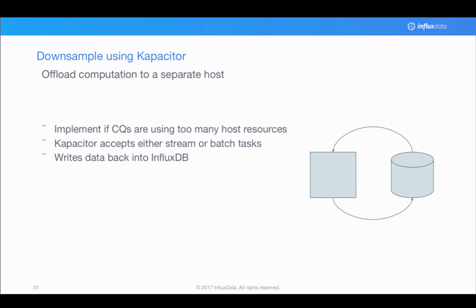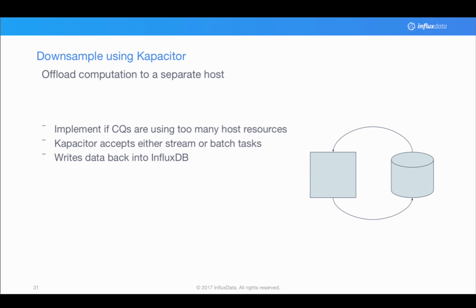What Capacitor will essentially do is it works in one of two ways, either batch or stream. So in the batch task, it works literally exactly like a CQ. It will query the data from Influx and then write it back into a different part of the database. In the stream case, any data that's coming into the database, InfluxDB will stream over to Capacitor, and then Capacitor will window and aggregate that data and write it back into the database.